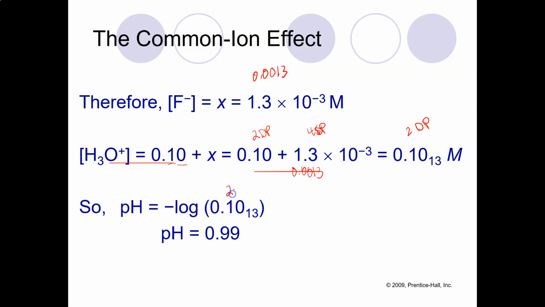So 2 decimal places. Oh, sorry. For the pH equation, the number of sig figs inside of the log relates to the number of decimal places for the pH. Well, this has 2 sig figs, and so that has 2 decimal places, so 0.99. This is acidic because the pH is less than 7.